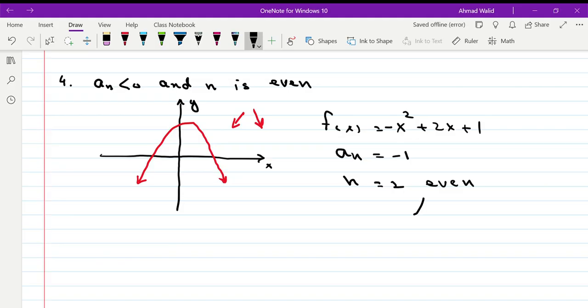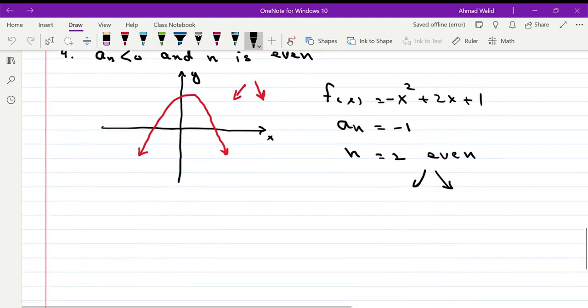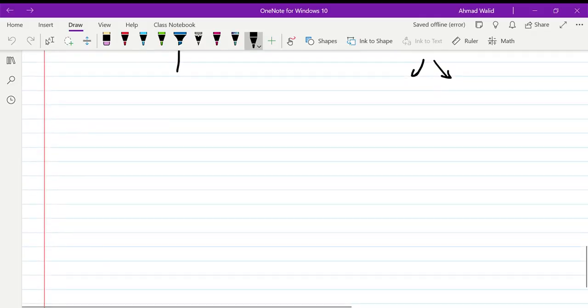Then the graph falls on the left side and falls on the right side. These are the 4 cases that you can see when you are graphing a polynomial function, and we call it the end behavior of a polynomial function.